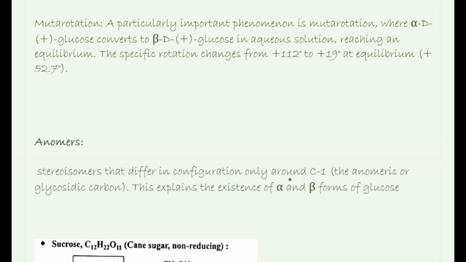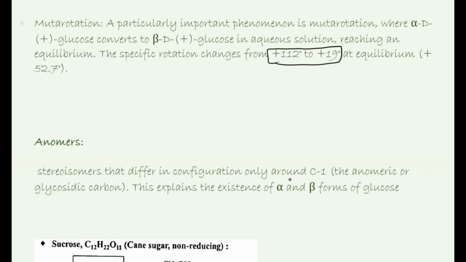It can be clockwise or anti-clockwise. Those values are noted. Those are the specific rotation of that particular compound. Here, taking alpha D glucose, it is converted into beta D glucose in aqueous solution and reaches an equilibrium point, but the specific rotation changes from 112 degrees to plus 19 degrees. Okay, so this kind of change in rotation is called mutarotation.